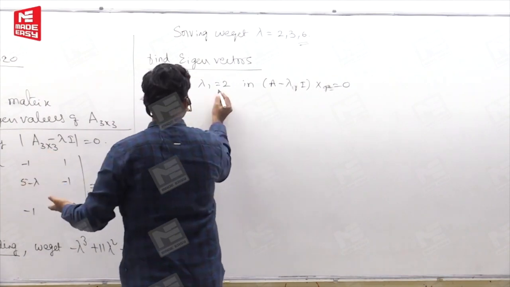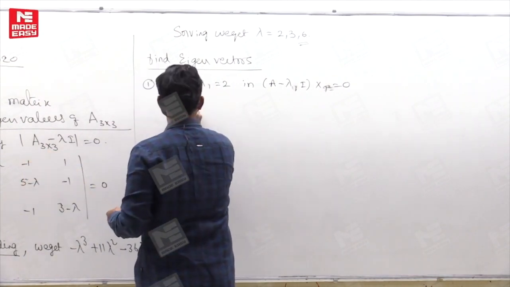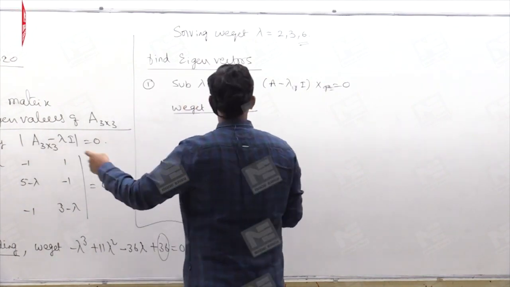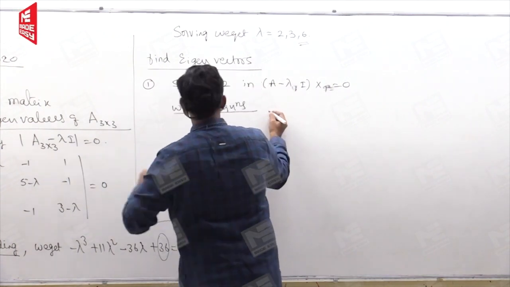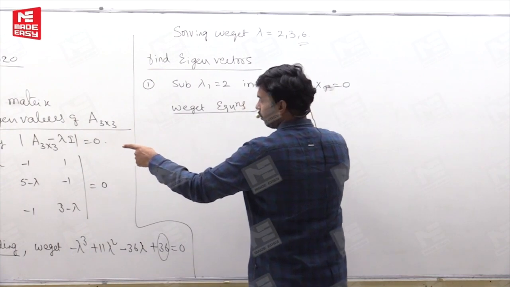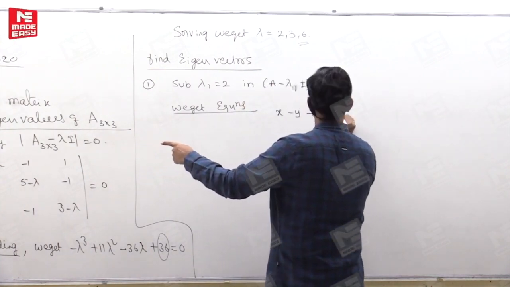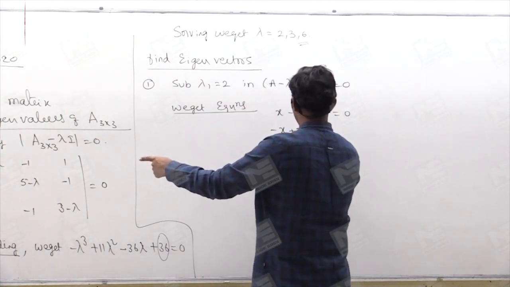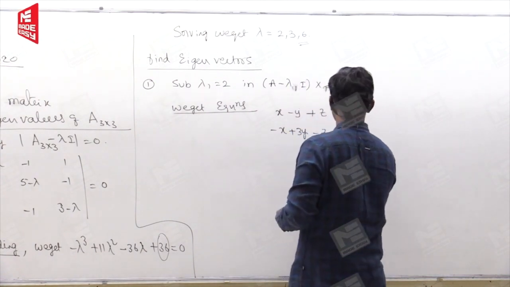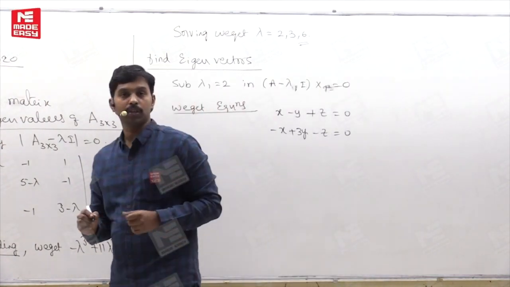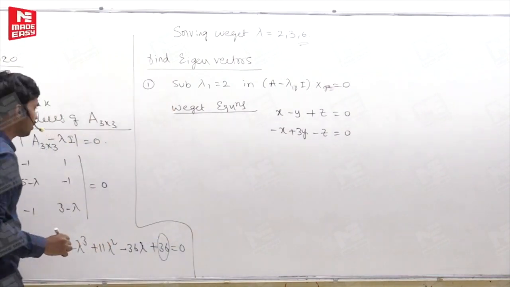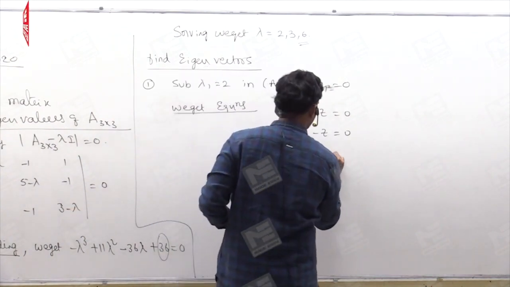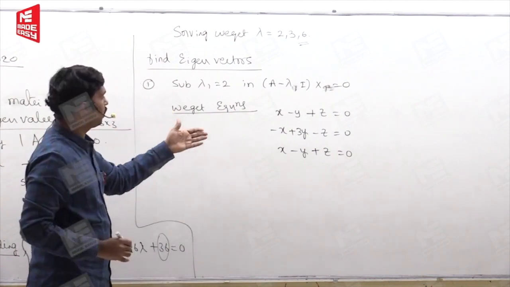We know it, and substituting lambda 1 is equal to 2 we get the equations. 3 minus 2 is 1, so 1 into x is x, and then minus y plus z is equal to 0. Then minus x, 5 minus 2 is 3, so plus 3y minus z is equal to 0. And the third equation is x minus y, and 3 minus 2 is 1, so plus z is equal to 0. We got the three equations like this.